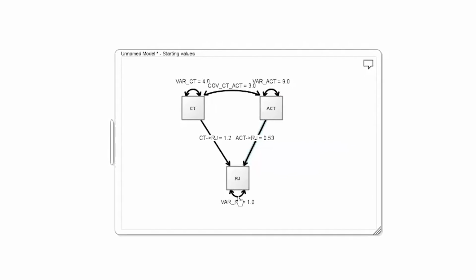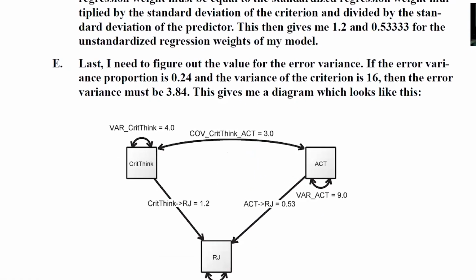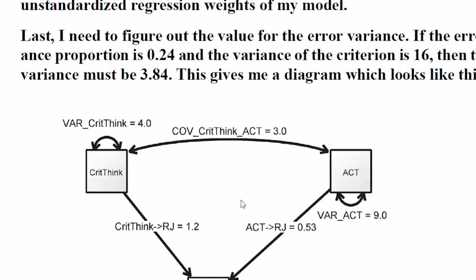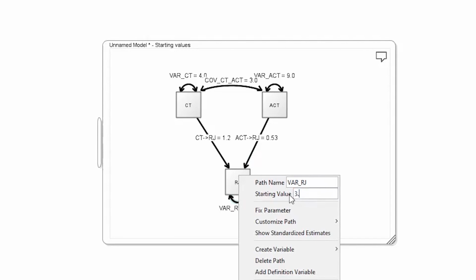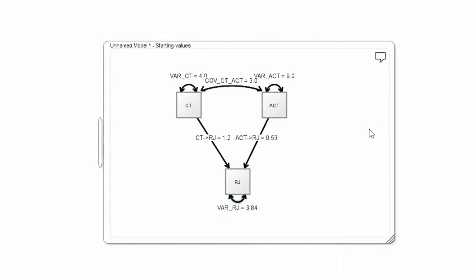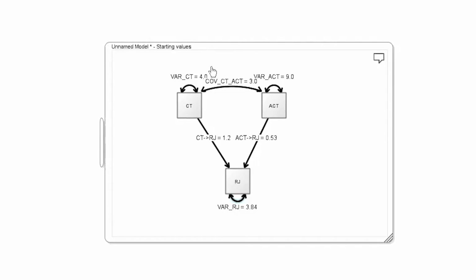And downstairs, I need to specify the error term. The error term is going to be 3.84. So there you have an implicit means model.